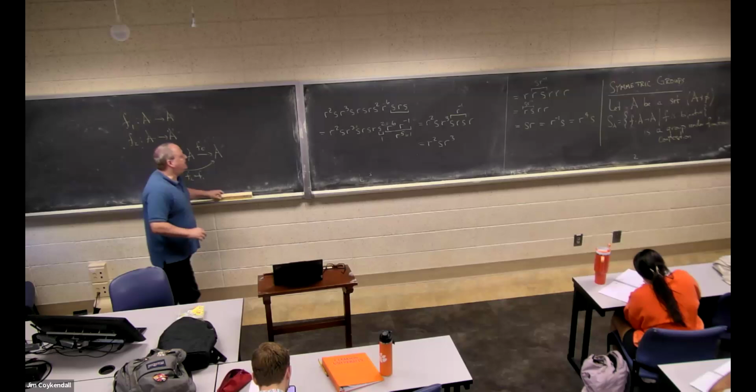These are the invertible matrices, the ones that have an inverse. And three, SL_n(F) is n by n matrices with determinant one.